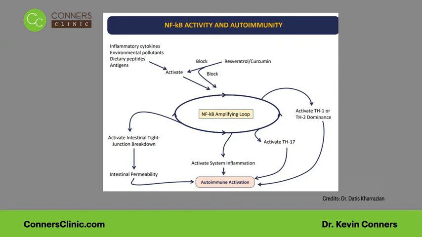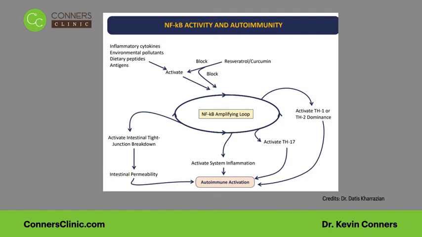So if I have an autoimmune disease and I'm constantly exposed to food peptides that I already have antibodies against, let me simplify this. If I have an autoimmune disease and I don't know if I have a gluten sensitivity, but I do, let's say I have antibodies to some gluten peptides, and I'm continuing to eat gluten, it's going to be constantly activating NF-kappa B, just looping every time I eat that.